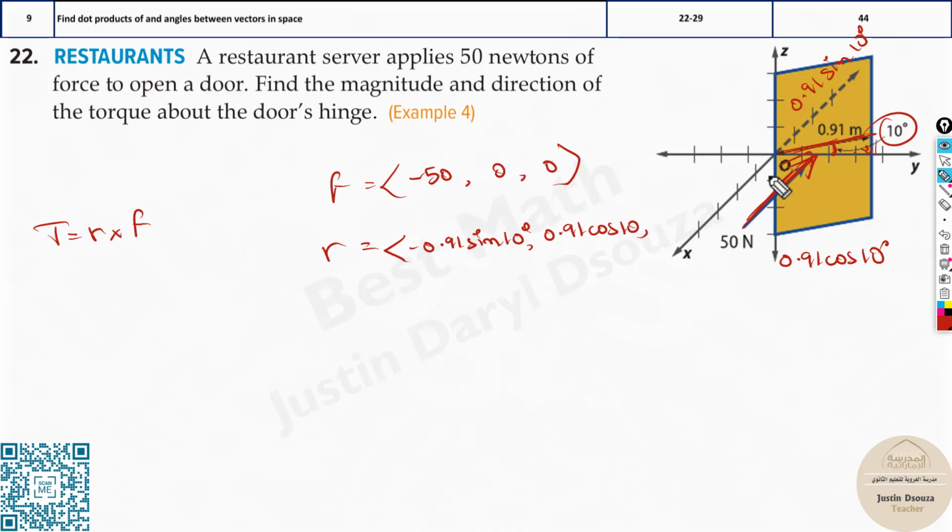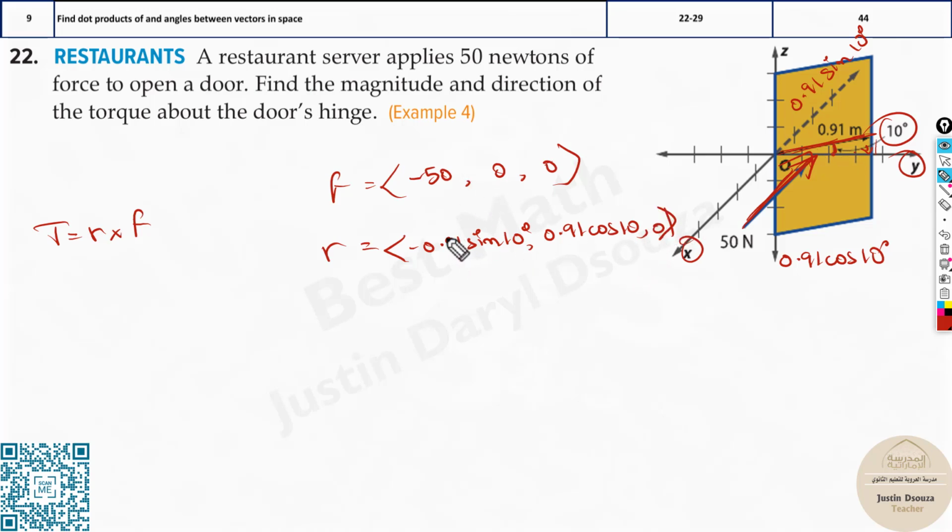And lastly, z, the vertical height. It's nothing, it's 0. I hope this is clear. This is very important to get. It will be there in the figure. You should just analyze and see what's happening. The door is along the z-axis. It will open, so only the x and y axes are involved in this. Therefore, z is 0.